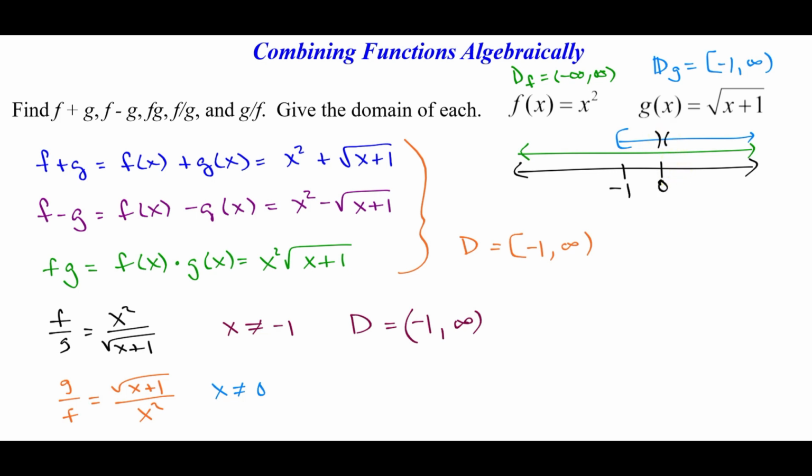So we just kind of need to take out the value of 0 from that blue region there. So now here my domain is going to be -1 to 0. I can include the -1 this time because although it will make my numerator 0, it doesn't make my denominator 0. And then all of the numbers from 0 to positive infinity.